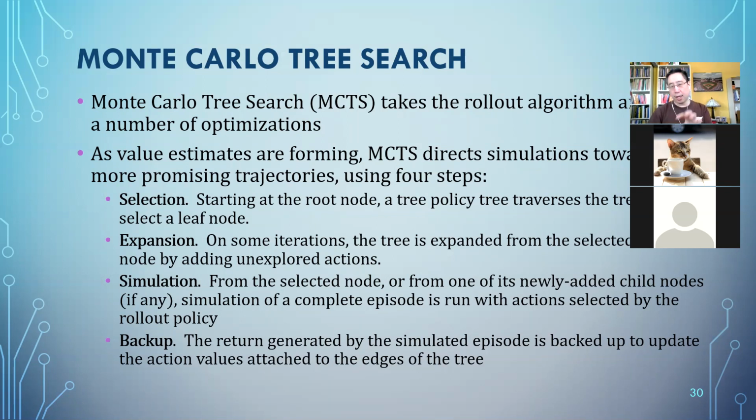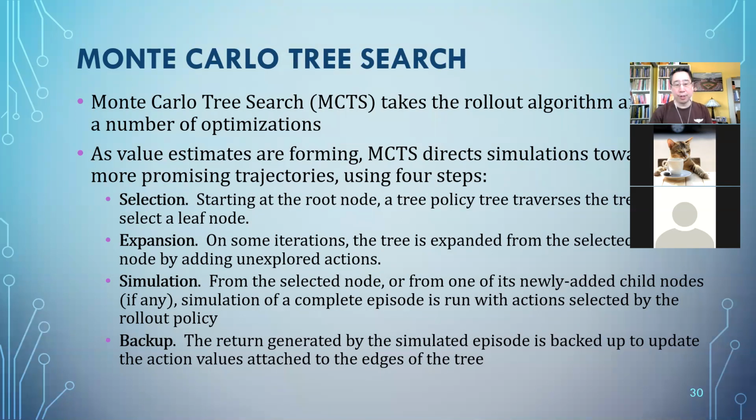A certain percentage of the time, depending on the variant, you are then going to expand the tree. You're not going to do it every single simulation, because that would grow way too fast. But with a certain frequency, you're going to say, I now have reasonably accurate estimates for my small tree, and I'm going to make it a little bit bigger. I'm going to go one step deeper on my selected leaf.